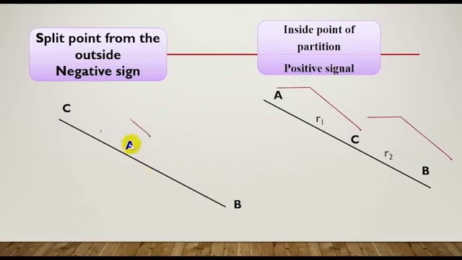So R1 will be the small one, this one, and R2 will be this one, the longest one, because all the time R1 represents the distance AC, and R2 represents BC.